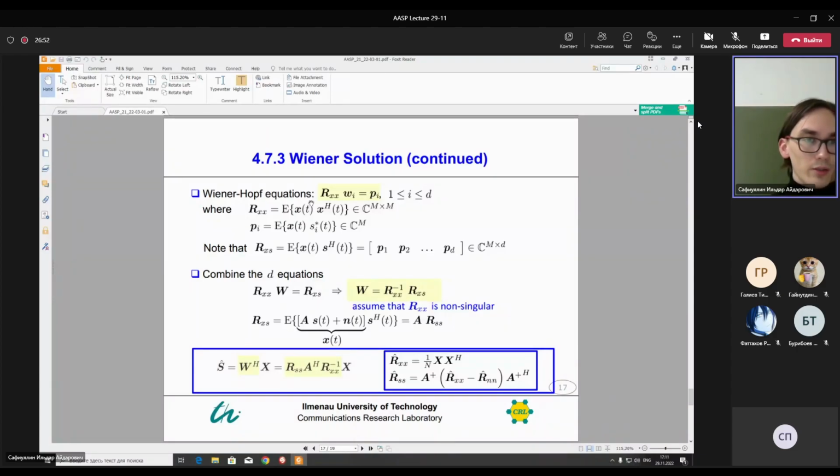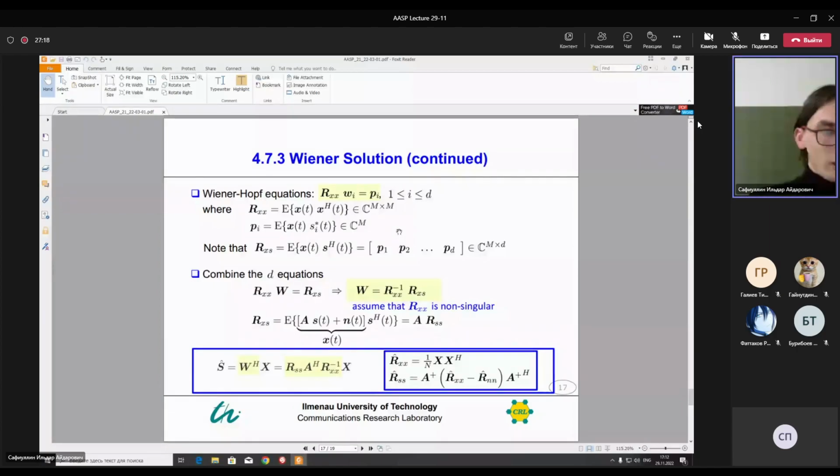Here you can see x of t times x of t Hermitian. And for this vector p sub I, it is the cross correlation between our received or measurement vector and the complex conjugate of the original signal.